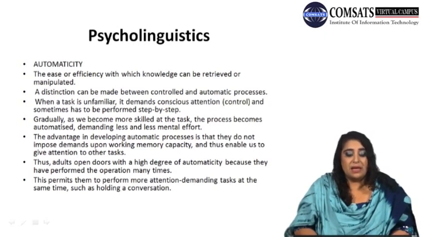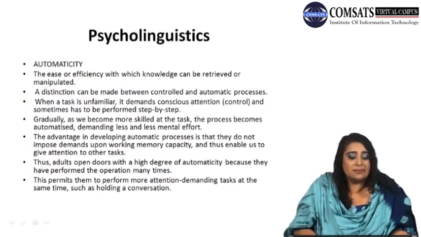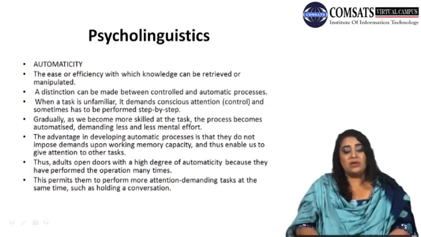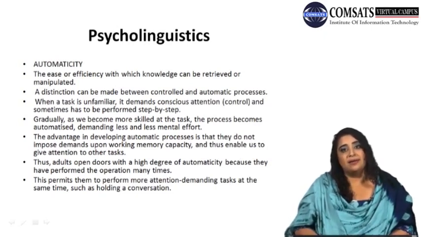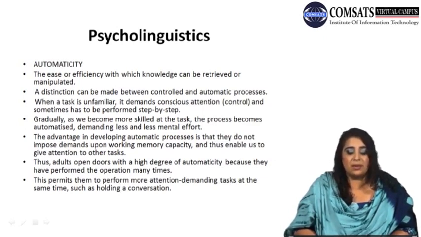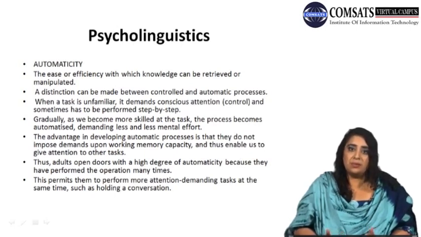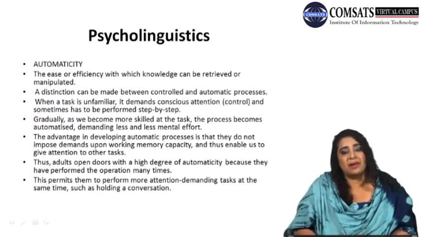Gradually, as we become more skilled at the task, the process becomes automatized, demanding less and less mental effort. So gradually, when we are getting skilled at a certain language, or producing a language or trying to comprehend a language, the process would become sort of automatic.